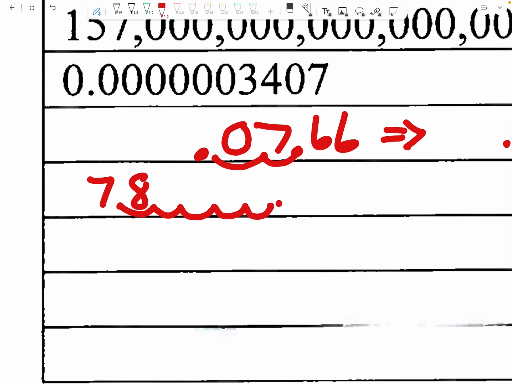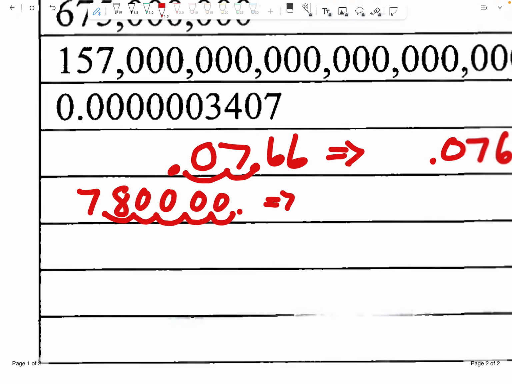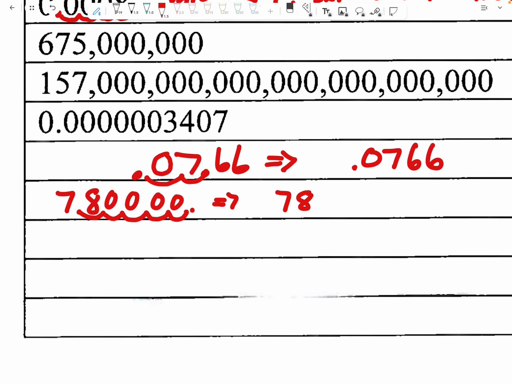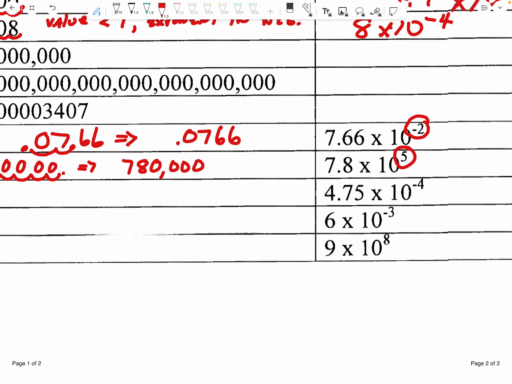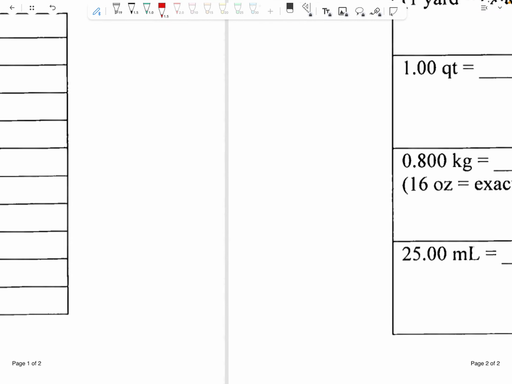We can put our new decimal down there and fill in every space with a 0. So our new number is 780,000, and that's how you write that. And those remaining scientific notation numbers will be for you to solve.